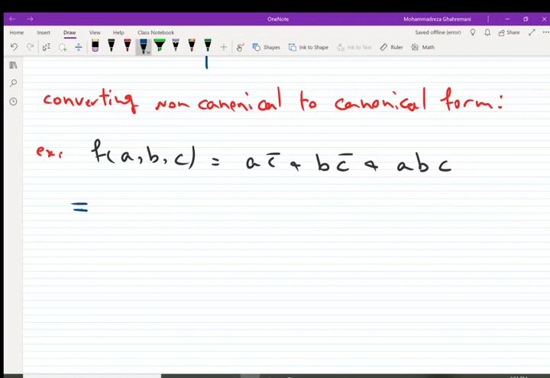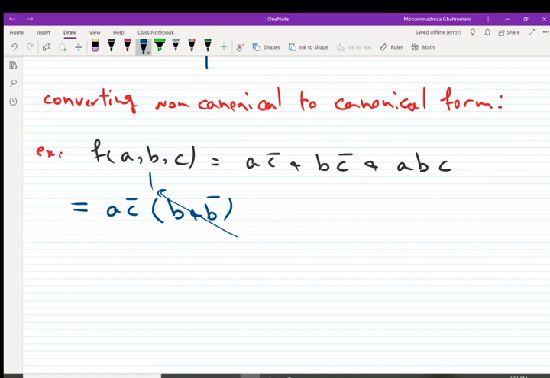It's easy. First, we take the first term, which is missing a variable, and multiply it by the missing variable, like in this form: A C bar, B plus B bar. Why? Because we know that B plus B bar is 1, and it doesn't change the functionality of the function.